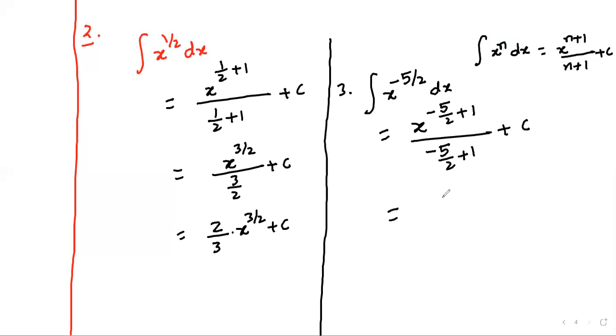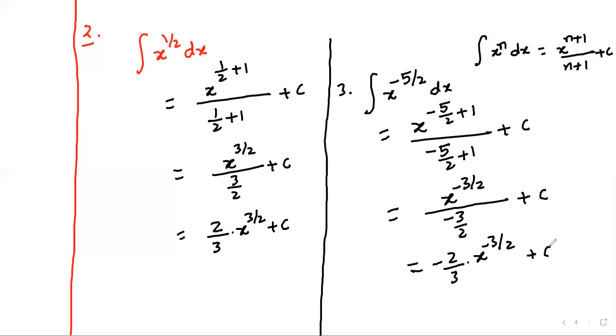That is x power minus 3 by 2 upon minus 3 by 2 plus c, which is minus 2 by 3 times x power minus 3 by 2 plus c. Is it fine?